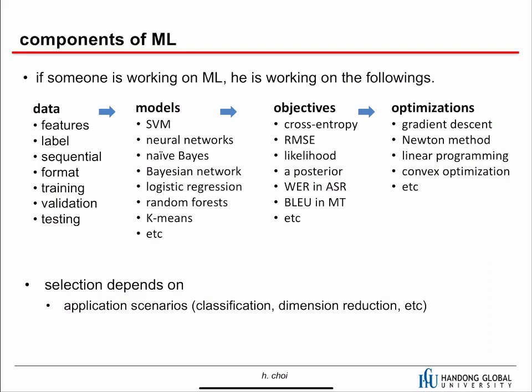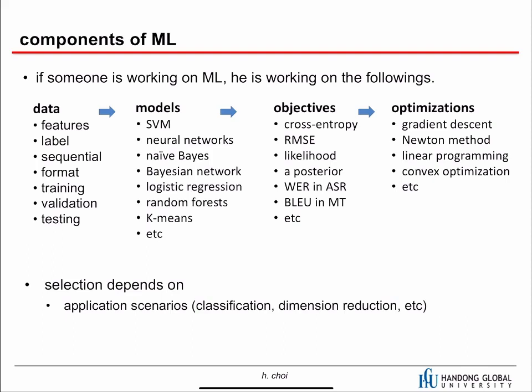Once the data is done, we have to think about the models. There are many different machine learning models like SVM, neural network, Naive Bayes, and Bayesian network, etc. So we have lots of machine learning models. Once the model is fixed, the next one is the objective function. We have to choose one of these objective functions. Usually, if it is a classification problem, cross entropy is the most popular objective function.